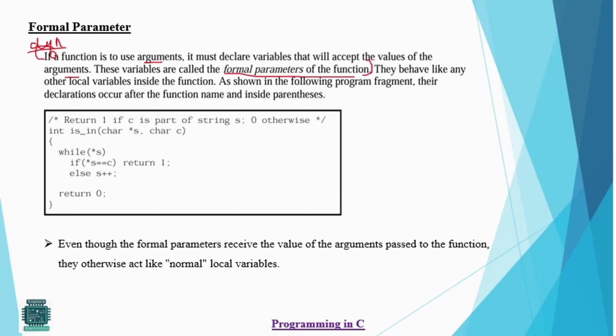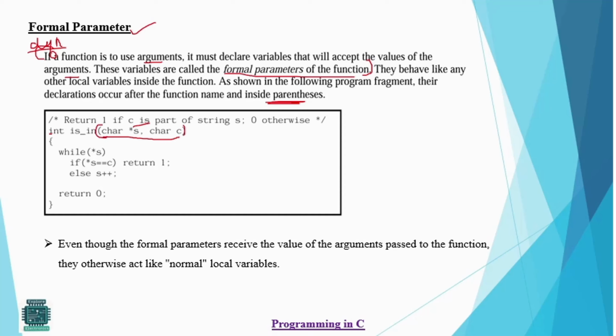Now let us understand with this example. After the function name, inside the parentheses, is where formal parameters are declared. Here, the int data type and the variable name, these are called formal parameters. Formal parameters are declared within parentheses, also called round brackets.